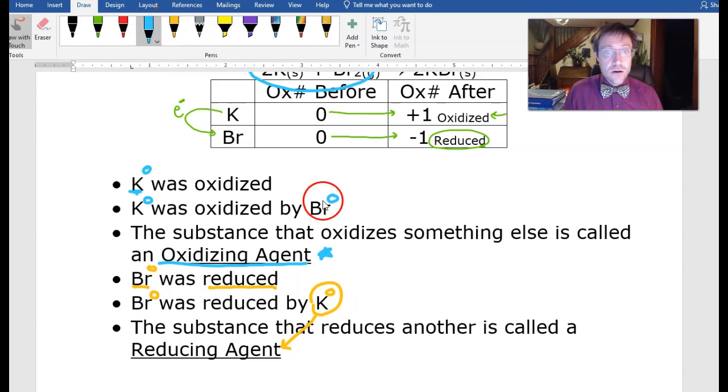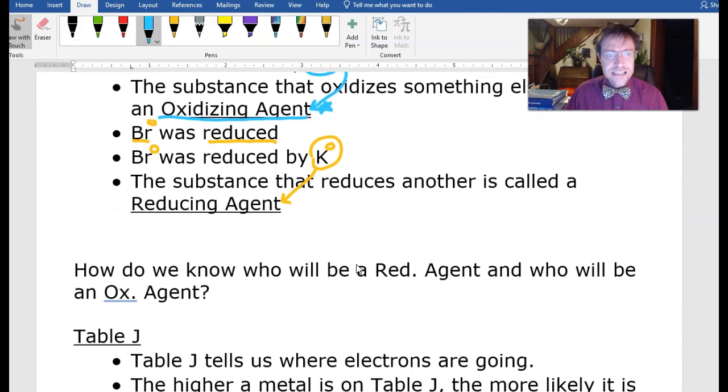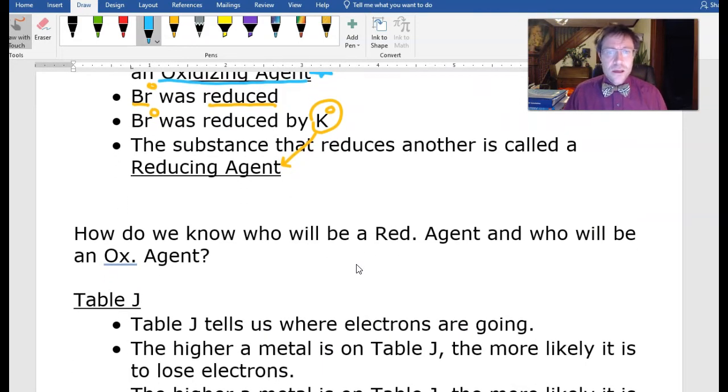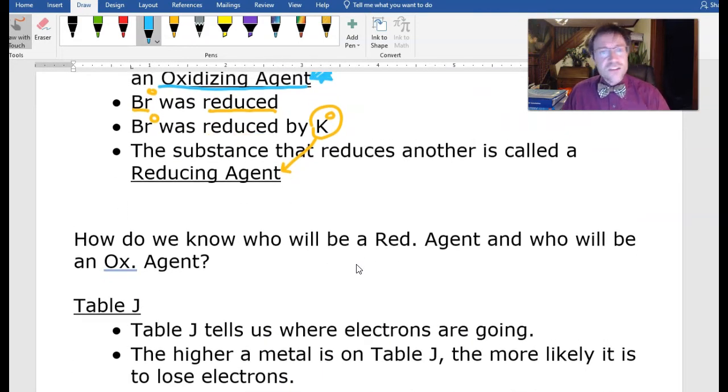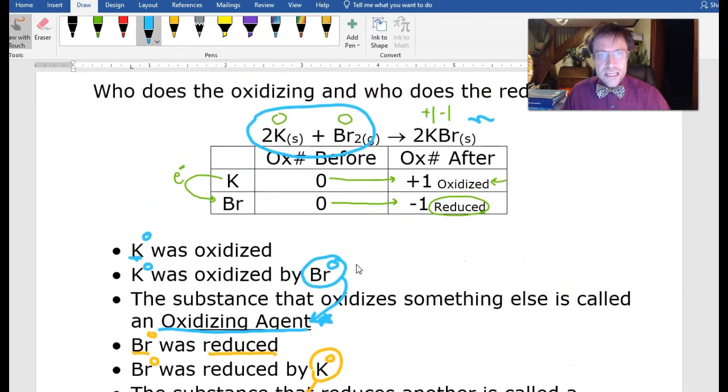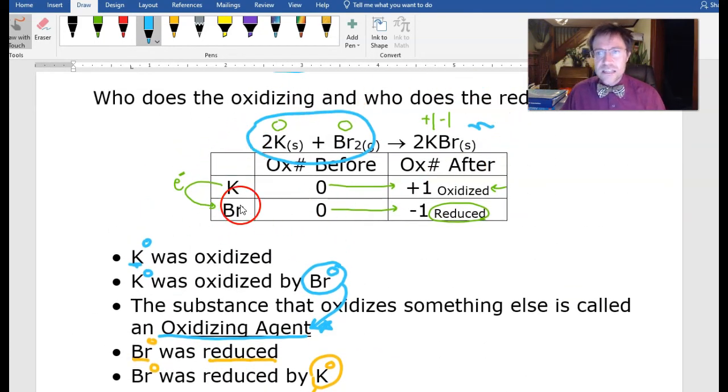Just like over here, the bromine is the oxidizing agent because it did the oxidizing. Like an agent of good is someone who goes around and does good. An agent of evil runs around doing evilness. Same thing with oxidizing and reducing. Does that make sense?